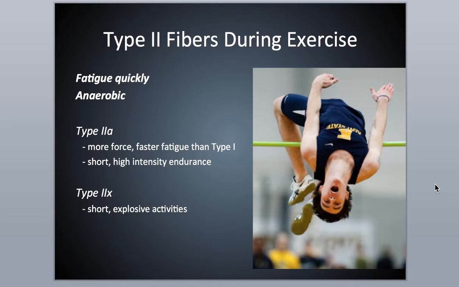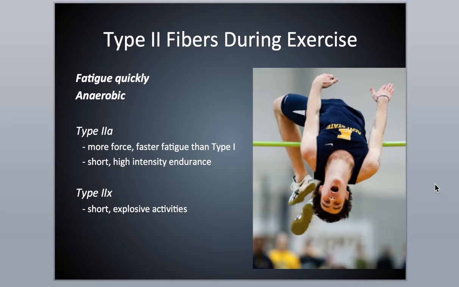You need to produce a lot of force immediately, but they do fatigue quickly. You can't continuously jump forcefully, your maximal height, repeatedly for hours on end. Those type 2 muscle fibers that are required for that type of movement are going to fatigue really quickly.